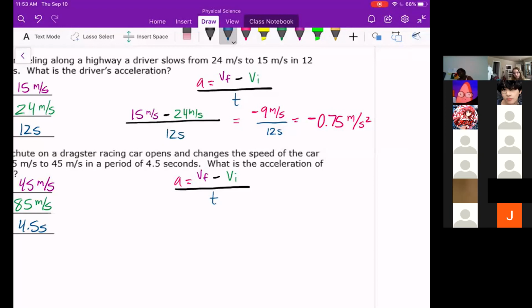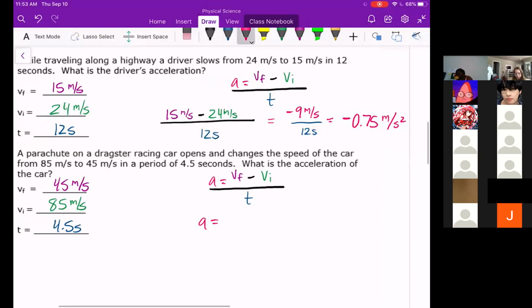So I'm going to plug in, so we got A is equal to 45 meters per second minus 85 meters per second divided by 4.5 seconds.